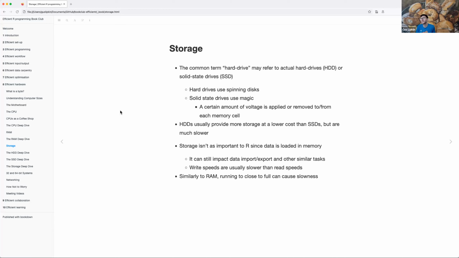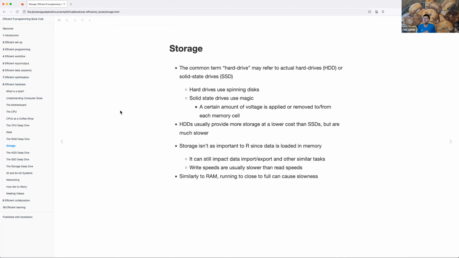I tried finding a good explanation that made sense that I could give you guys, but the best I had was you have a certain amount of voltage applied or removed from each memory cell. And there's something about the controller that lets you access each of those relatively quickly and without having to scan across a large swath like hard drive disks do.